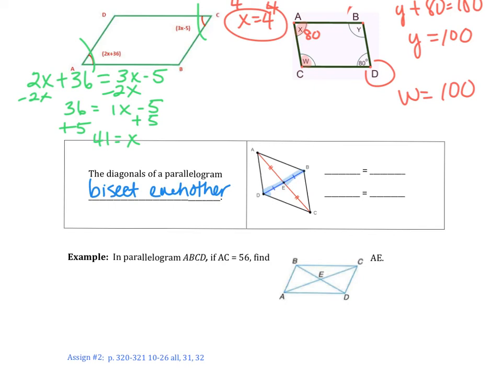Those markings are put there, so I'm going to fill in my segments. So I know that segment DE is congruent to segment EB. And I also know that segment AE is congruent to segment EC. Again, those diagonals bisect each other.